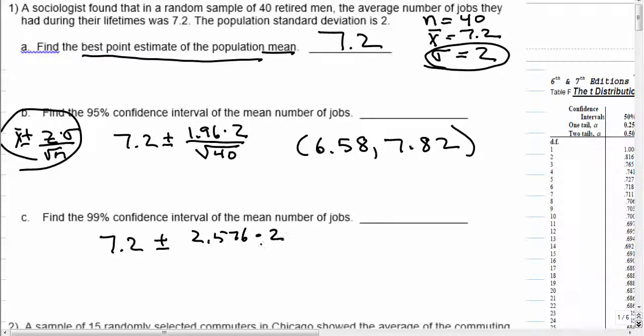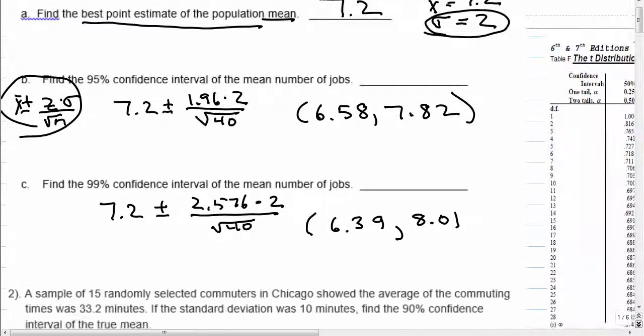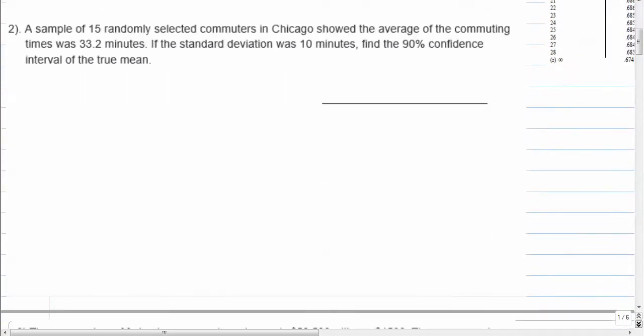Multiply that to the standard deviation divided by the square root of 40. You do the math, and you're going to come out with the interval 6.39, comma, 8.01. Okay? So let's move on to number 2.